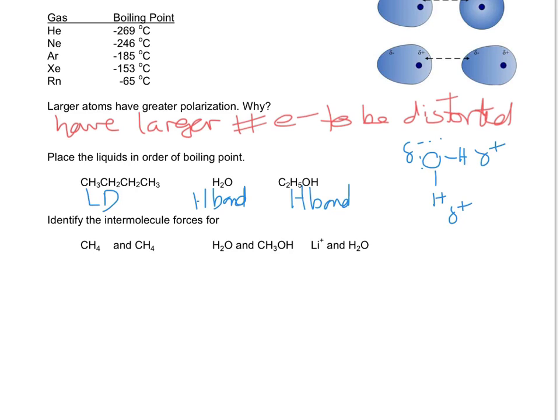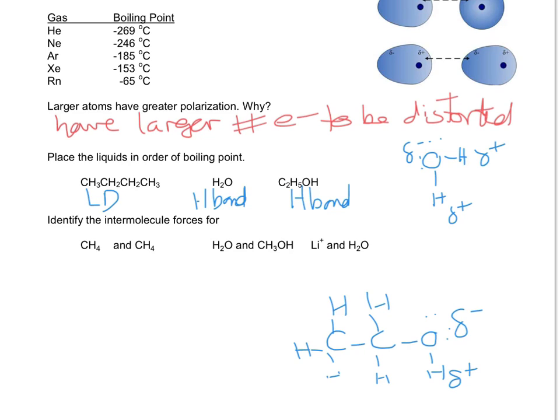Whereas if you look at C2H5OH, I'm going to draw it down here. There are your two carbons. There's your hydrogen, your lone pair, and you have a bunch of hydrogens here. The oxygen here is partially negative. This hydrogen is partially positive. Maybe that carbon is slightly partially positive as well.